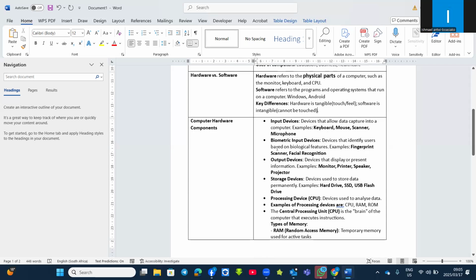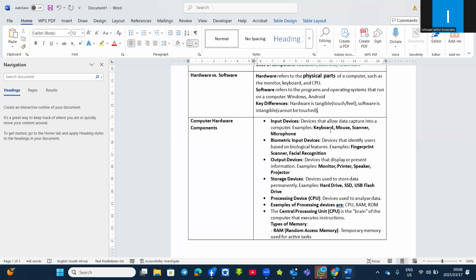And then you must also know the different hardware components within the computer. Like I said, we start from input, then processing, storage, and then the final one is output. Right, the first one is the input device. An input device allows us to capture or enter data into the computer. An example is the keyboard. If you want to type your work into the computer, you use a keyboard.